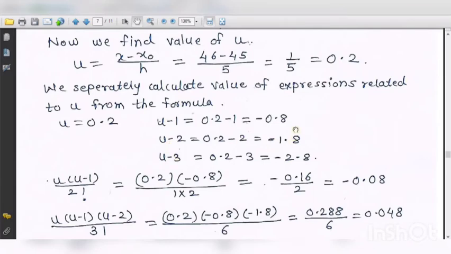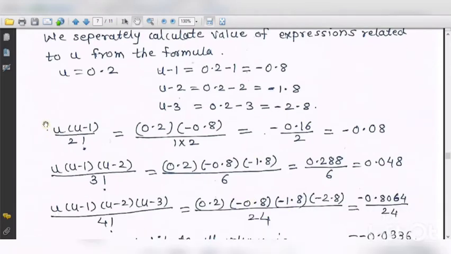So u minus 1 is minus 0.8, u minus 2 is minus 1.8 and u minus 3 is minus 2.8. As soon as you calculate these, it is very easy to calculate the next value. So here this is my third term: u into u minus 1 upon 2 factorial. We know 2 factorial is 2, and u is 0.2 and u minus 1 is minus 0.8.